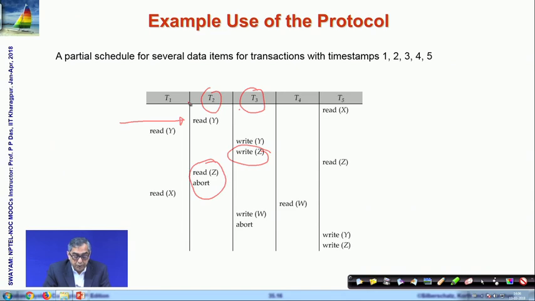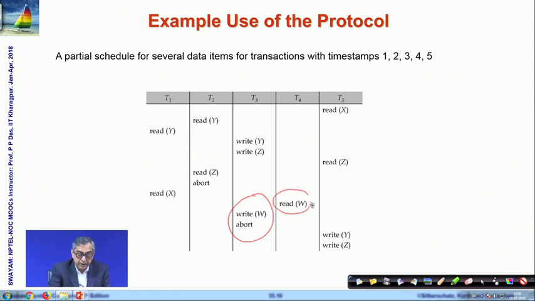So, this was aborted. Similarly, as you see here, if I clean and start again, if you look at write W, this is trying to do a read by T4. So, this read has a timestamp which is of T4, which is later than the timestamp of T3.